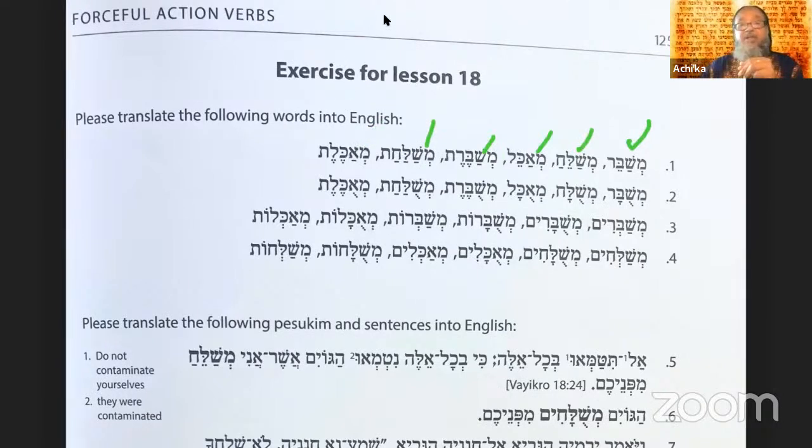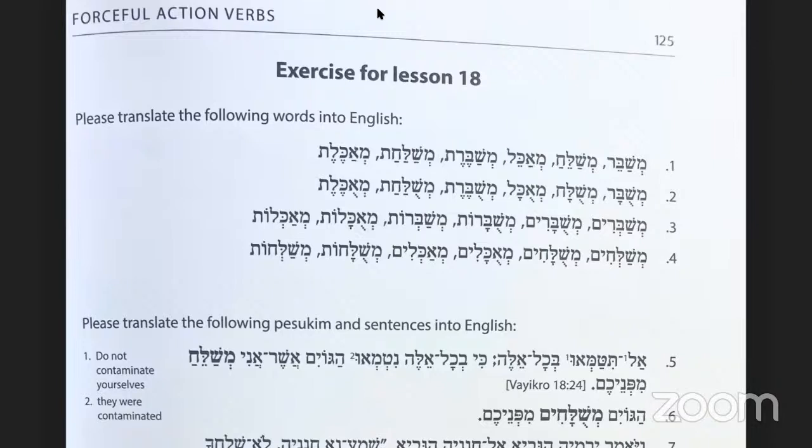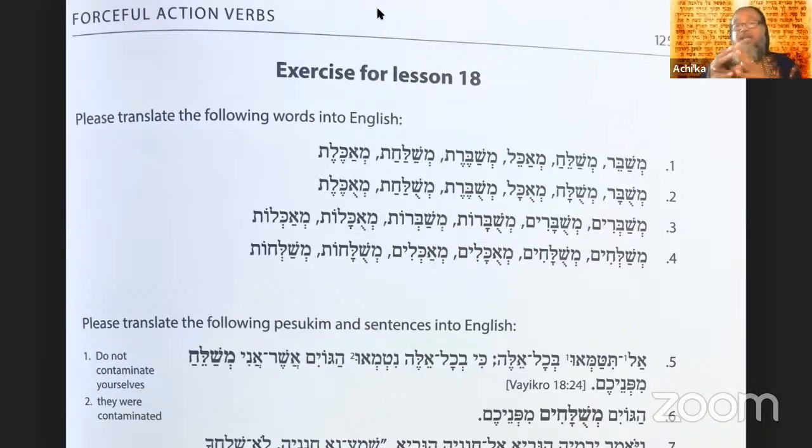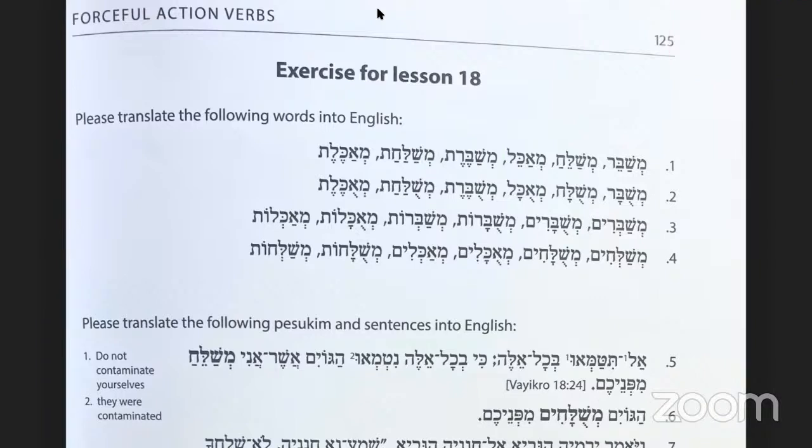Let me ask you another question. Is there any femininity in this row? How many feminines are in here? 3. How many masculines? 3.